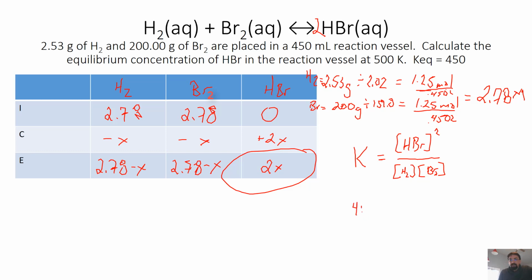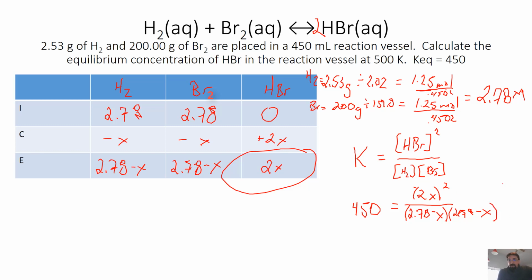K is 450. HBr I'm going to replace with 2X. And remember that 2X winds up being squared, the whole quantity. And then we wind up with 2.78 minus X times 2.78 minus X. Okay.